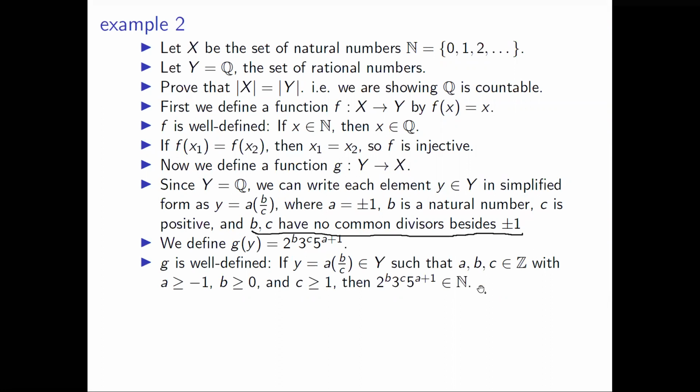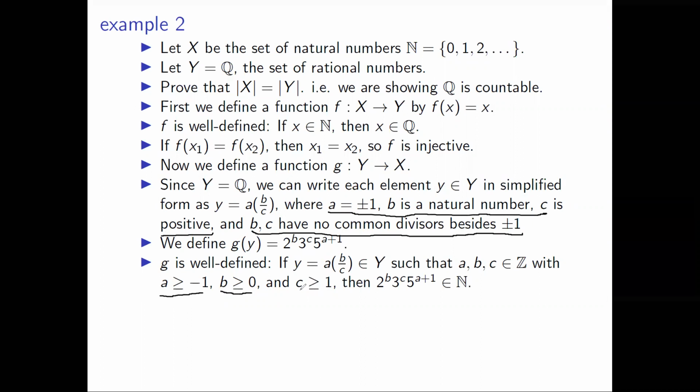If we have y equal to a times b over c, which is an element of Y, big Y, which is the rational numbers, and by the properties of a, b, and c that we wrote up here, a equals plus or minus 1, b is a natural number, and c is positive. That implies, since a is plus or minus 1, that a is at least minus 1. Since b is a natural number, that implies that b is at least 0.